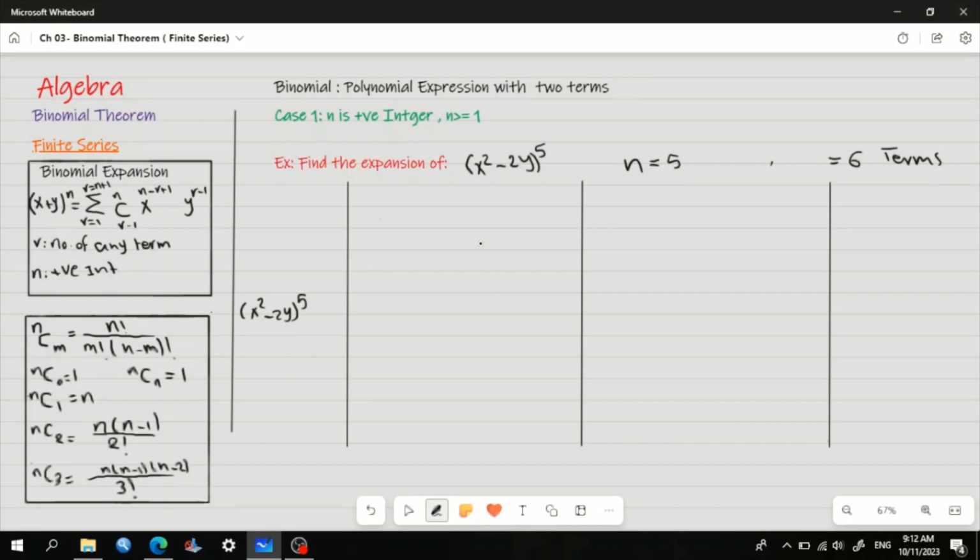We don't have here x, but x squared. We don't have here y, but negative 2y. So here first term, second, third, fourth, 5, 6.